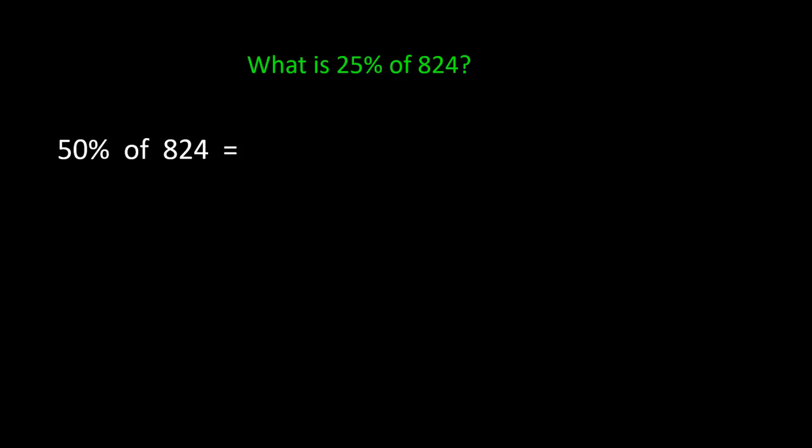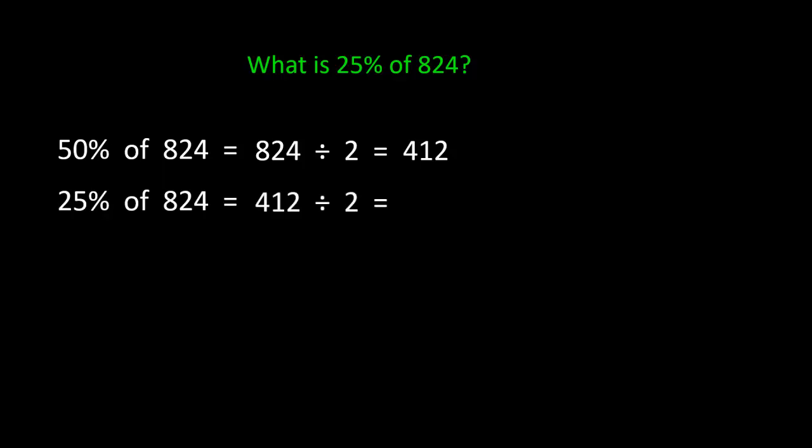So we half it, or divide by 2. And 824 divided by 2 is 412. But that's 50%. We want 25%. So we've got to find half of that now. So 25% of 824 is 412 divided by 2, and that will give us 206.